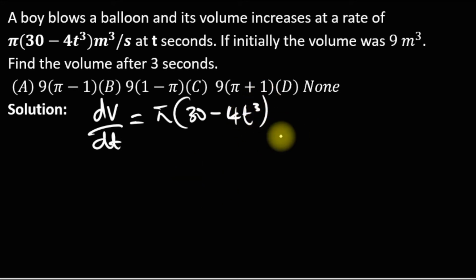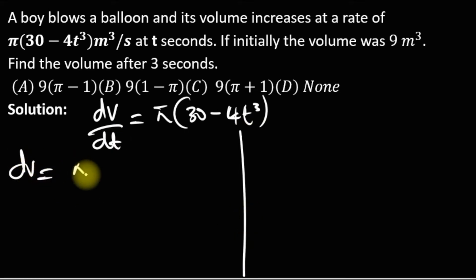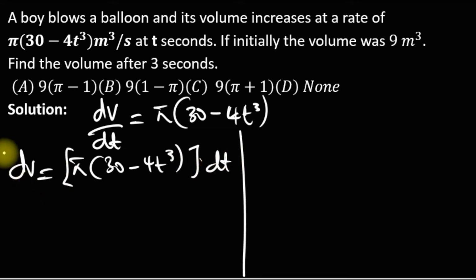So let's cross multiply. So we have dV is now pi(30 minus 4t) cubed dt.